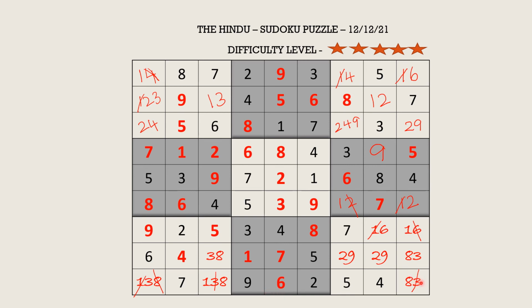Eventually this 8 also gets cancelled out. So this becomes a 1 and a 3. So this 3 gets cancelled. I know this will be a bit difficult for you to follow, but what you have to understand is only that all the complementary pairs and triplets are getting cancelled out and we are heading towards a solution.